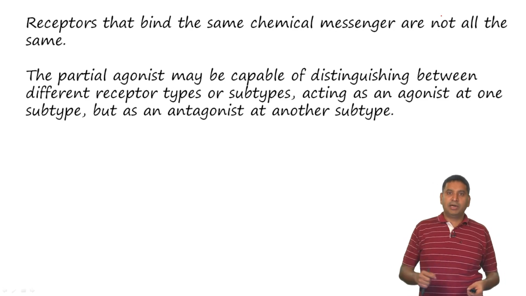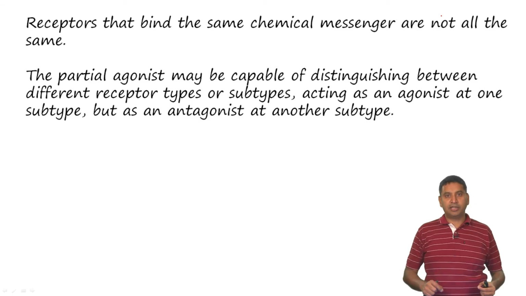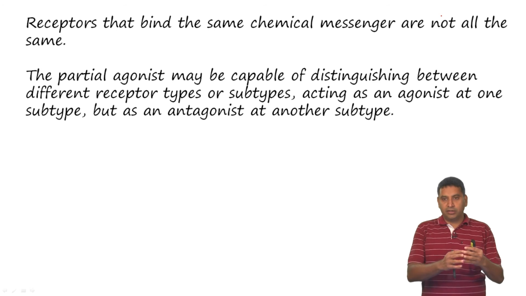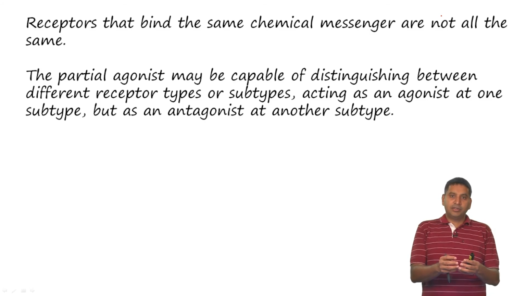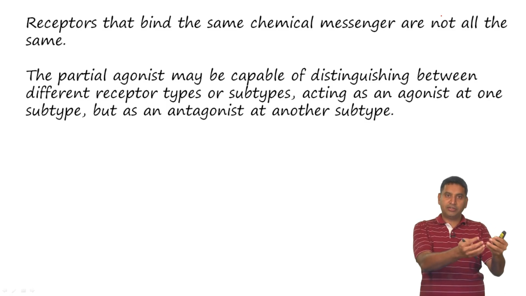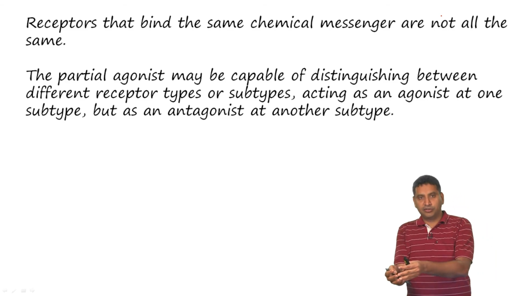Receptors that bind the same chemical messenger are not all the same. The partial agonist may be capable of distinguishing between different receptor types or subtypes. So, for example, we looked earlier at how a particular receptor in the heart may be structurally different from a particular receptor in the lung, and that receptor, because of its subtle differences, can bind to a partial agonist in a way that is very different from the other receptor.